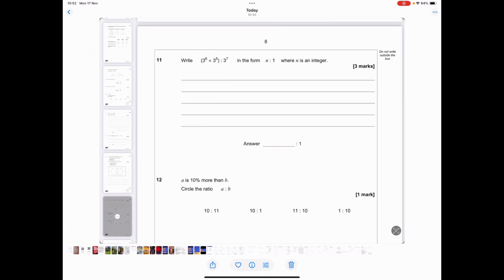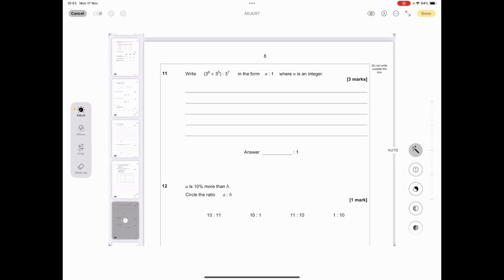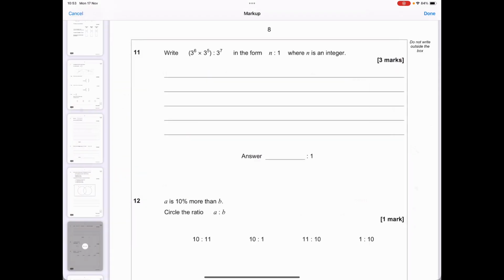Right. Write about 3 to the power 6 times 3 to the power 5 in a ratio of 3 to the power 7. So we know 3 to the power 6 times 3 to the power 5, we just add the indices and we get 3 to the power 11, in the ratio 3 to the power 7.